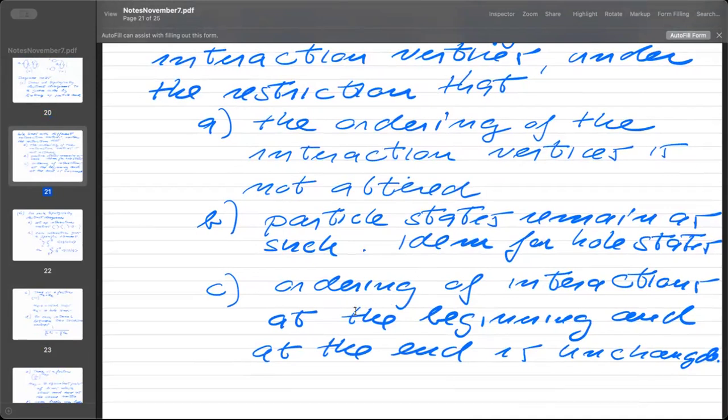And the ordering of the interactions at the beginning and at the end is also unchanged. So that means the Hamiltonian part which acts on the initial state and the Hamiltonian part which acts at the final state, which is the bra state. So the operations on the bra state and the ket states are left unchanged.